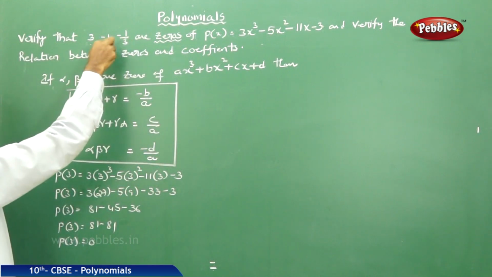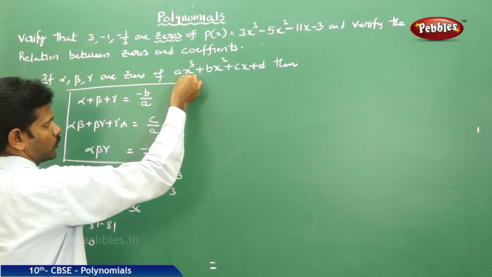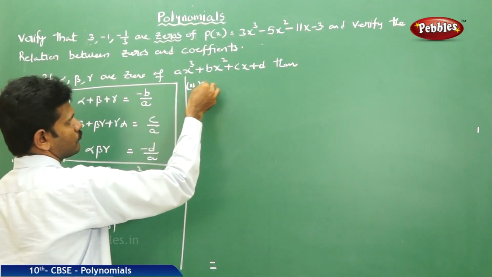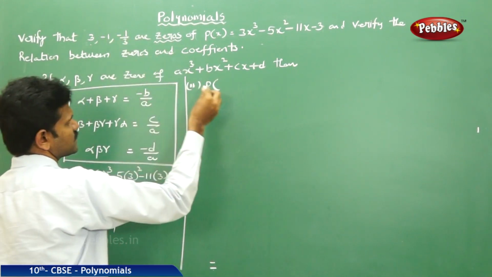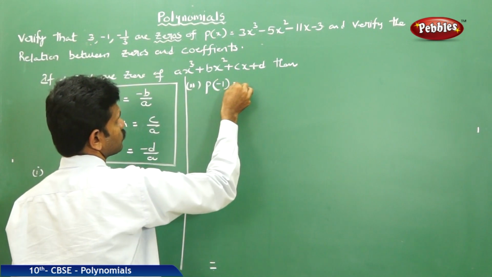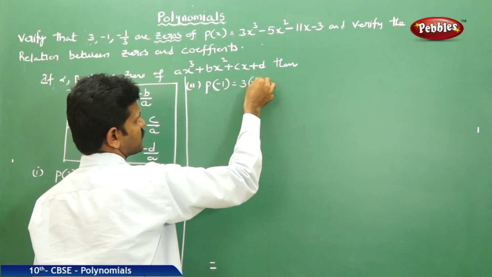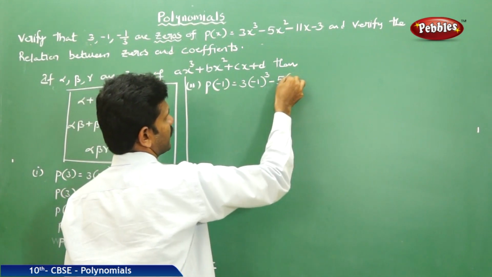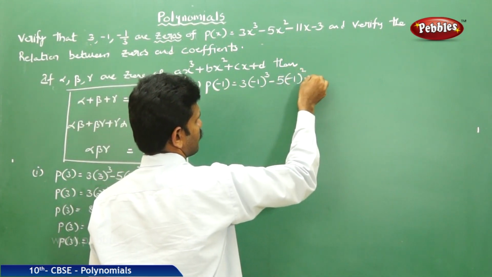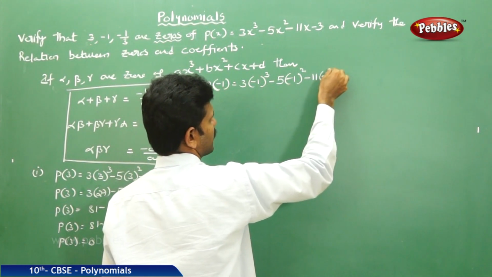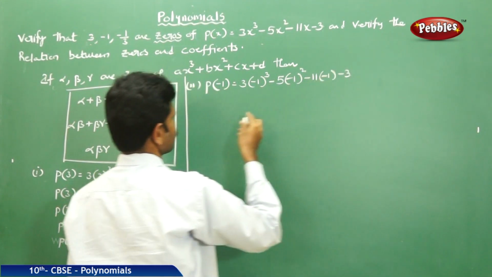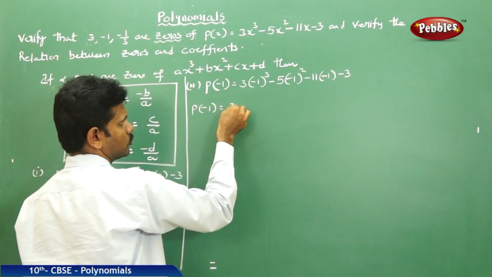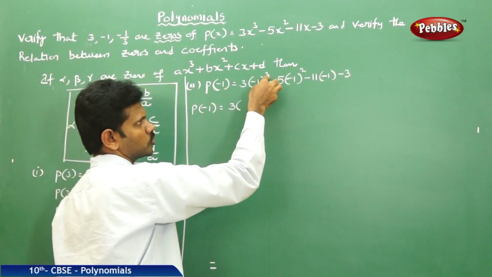Like that, I have to test two more. Now, condition number 2. P of minus 1 is equal to 3 times minus 1 whole cube minus 5 times minus 1 whole square minus 11 times minus 1 minus 3. That is p of minus 1 is equal to 3 times minus 1 whole cube.